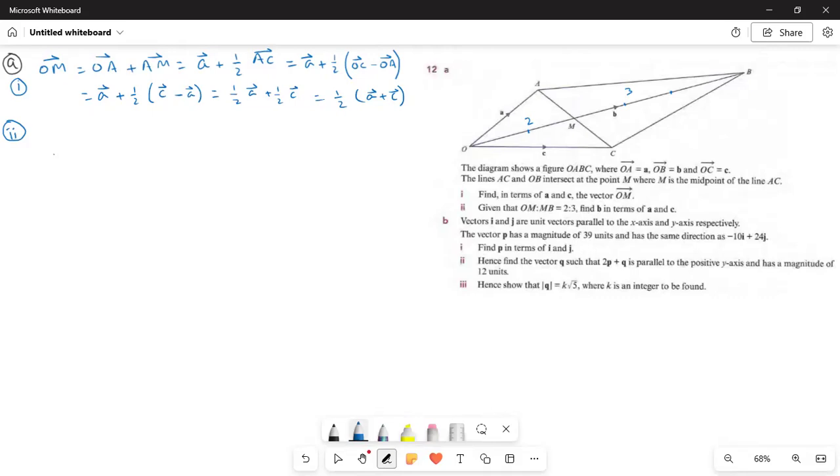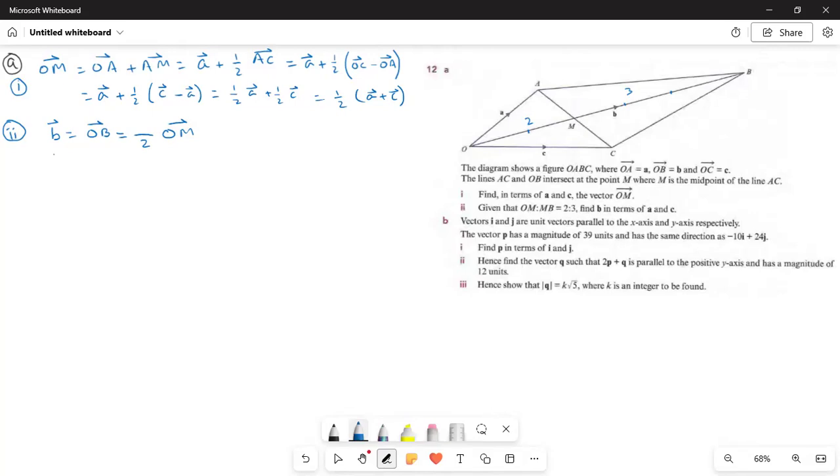Okay. Now I need to find B. You see this B vector, which is OB vector basically, right? So this is equal to OM, and how much of OM? You see, if I divide OM into two parts, the total length I divide into two, and now I multiply it with 5. 3 plus 2, 5.